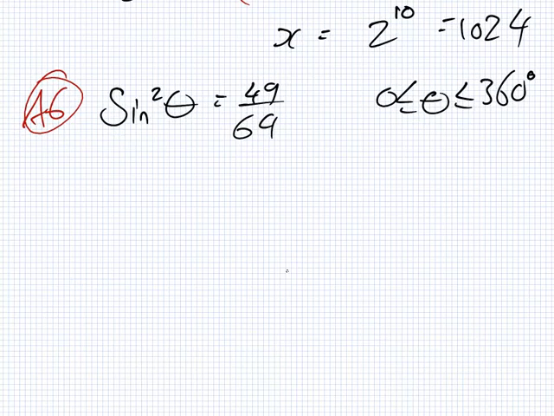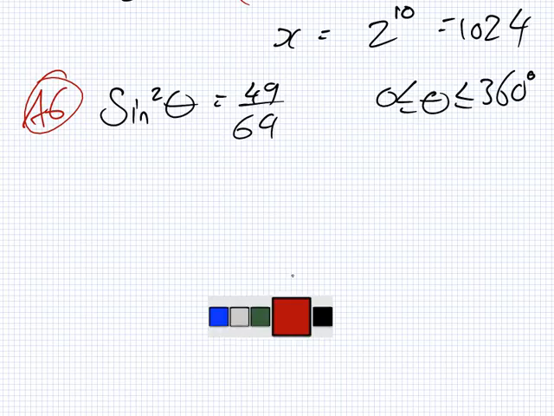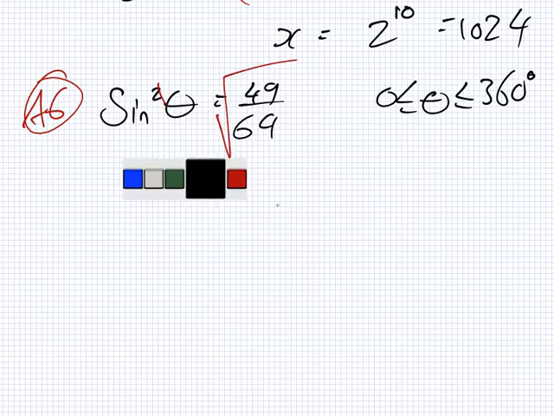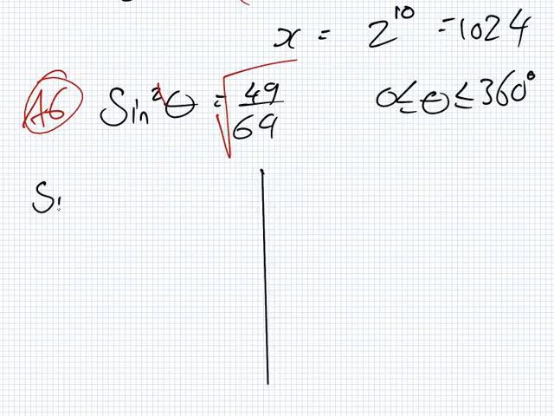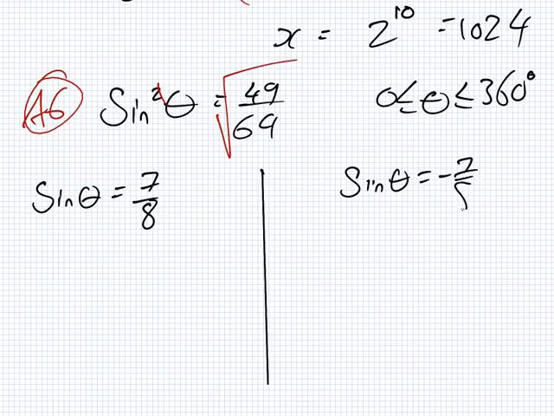Nothing really special here. What do we do first? Just do the root first. So you get 2 possibilities to look at. You get sine theta equals 7 over 8, or you get sine theta equals minus 7 over 8.